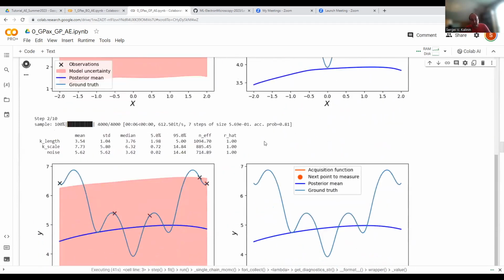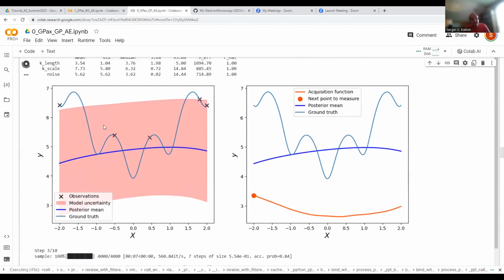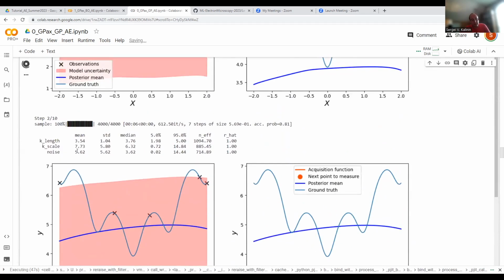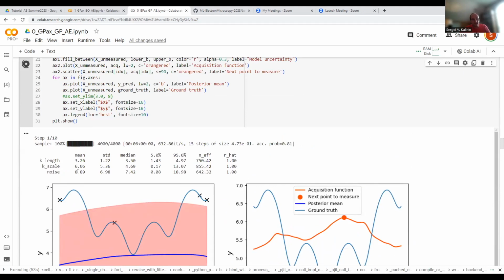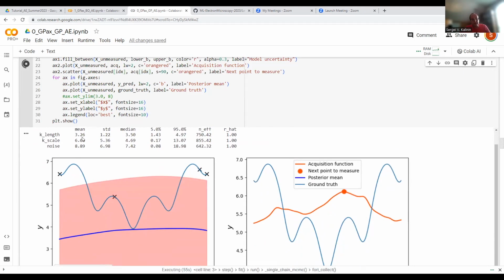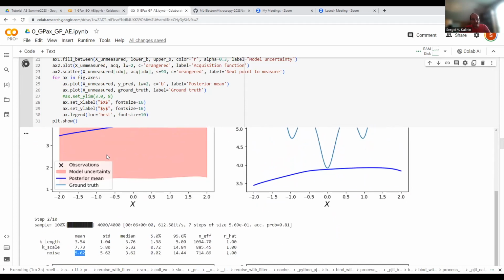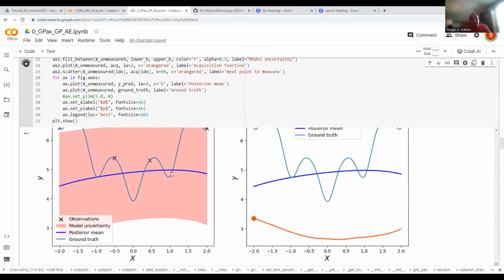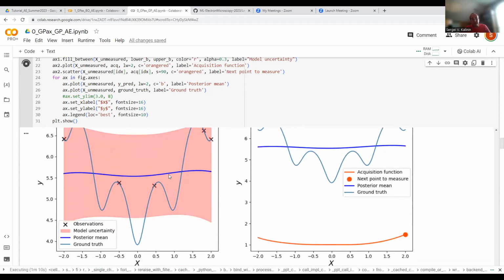If we continue the process, you will see that it will somehow start to converge. The important part of this convergence is that the values of the noise are becoming smaller and smaller. In the beginning, the algorithm doesn't try to learn the function very well, and the updates to the length scale and scale are more or less random. But basically what it learns is that I actually can trust my measurements more than I thought.